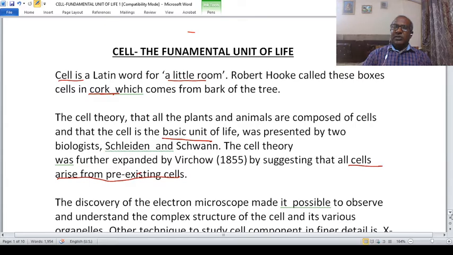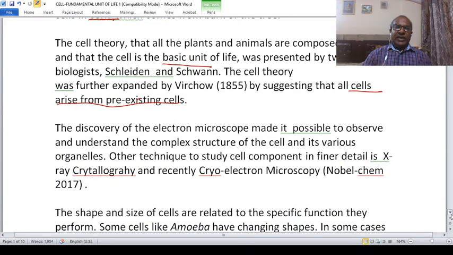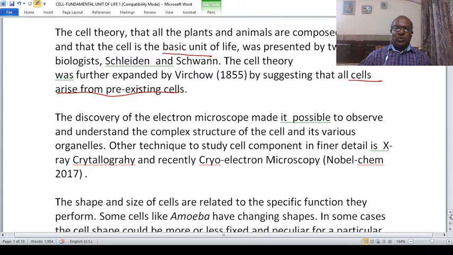Now the study of cell biology expanded with the expansion in microscopes. The beginning microscopes were crude, so we could not see very small things. With them, we were able to observe the major structures inside the cell, like the cell wall.